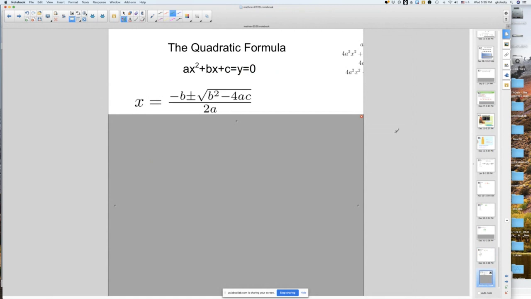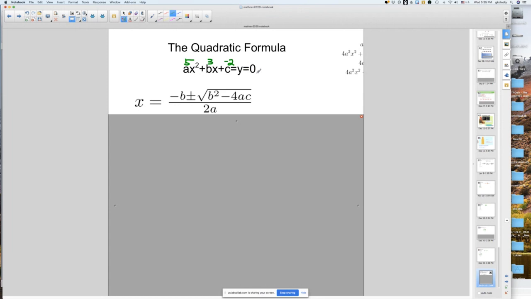So say you have an equation of this form: some number, and it could be 5 or 2 or whatever, times x squared, plus some other number times x, minus some other number equals some other number, in this case 0. All right. What's x? 5 times x squared plus 3 times x minus 2 equals 0. What's x?